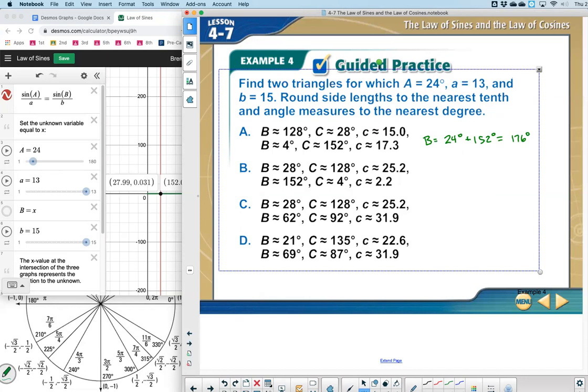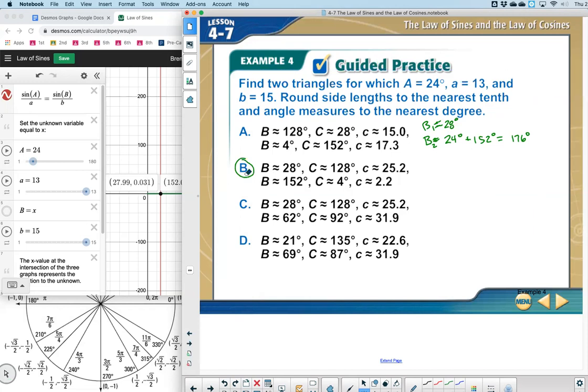That's for angle B. I'll call it B2. The first B is always good if it shows 1. It's just 28 degrees when you round. So that means this answer choice is going to be correct.